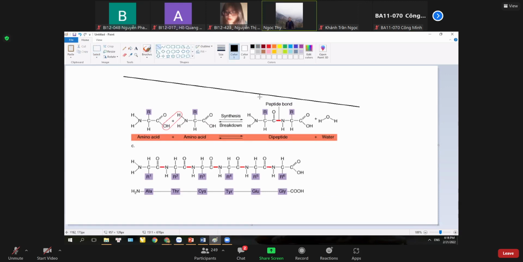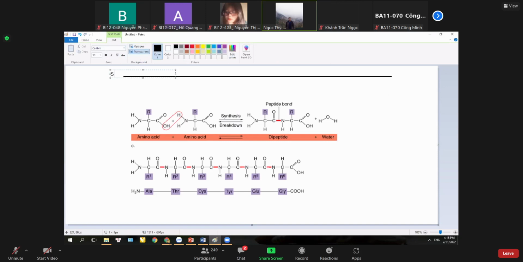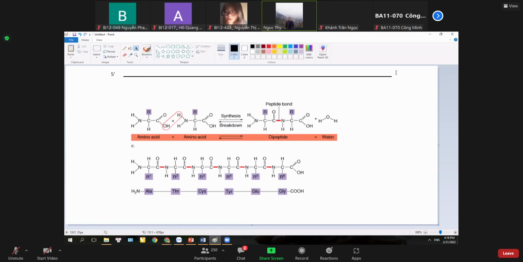So, meanwhile, in DNA, we have the 5' direction and 3' direction.